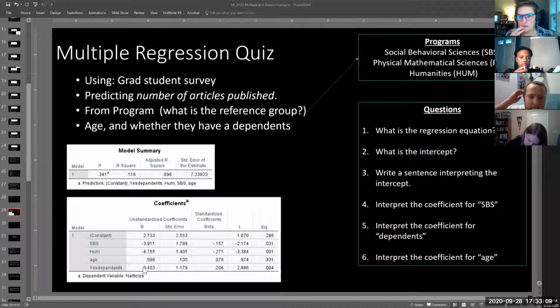But the average number of articles published is 2.733 when all other factors are held constant. Not quite. But it needs to include the others being held at 0. When they're 0. Mm-hmm. So if you look up at your regression equation, I think you'll see why it has to be 0.